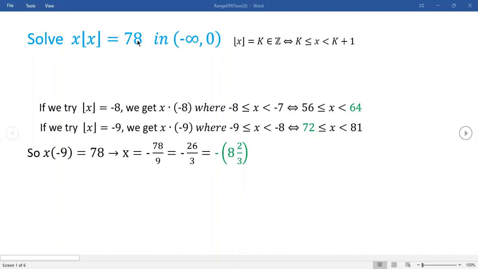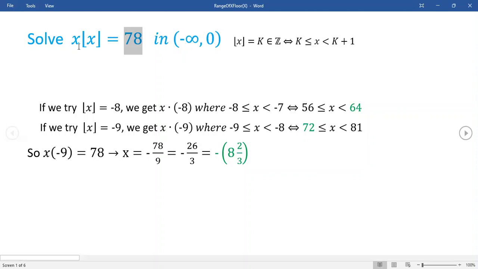Well, 78 is not in this interval, right? 78 is certainly bigger than 64. Now, if we try the same thing with x equals negative 9, I won't talk you through it, we get 72 through 81. So 78, which is what we're looking at, is between 72 and 81, right?